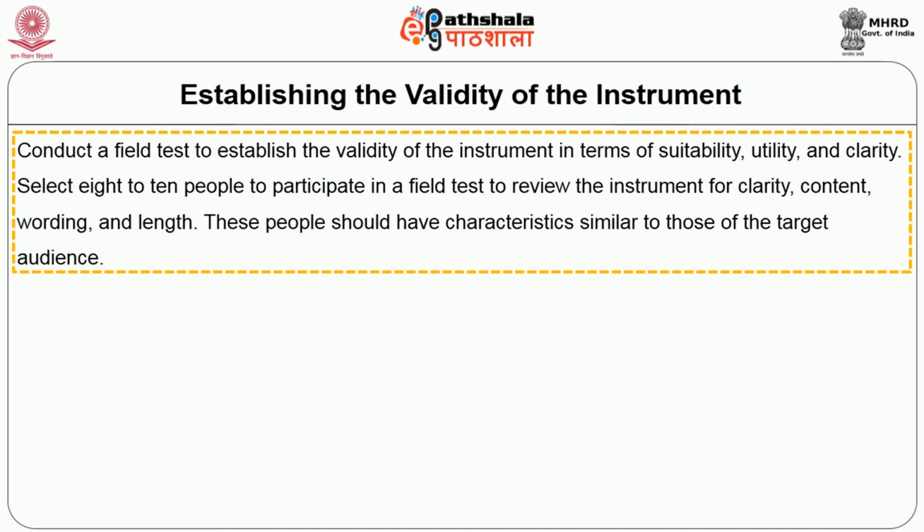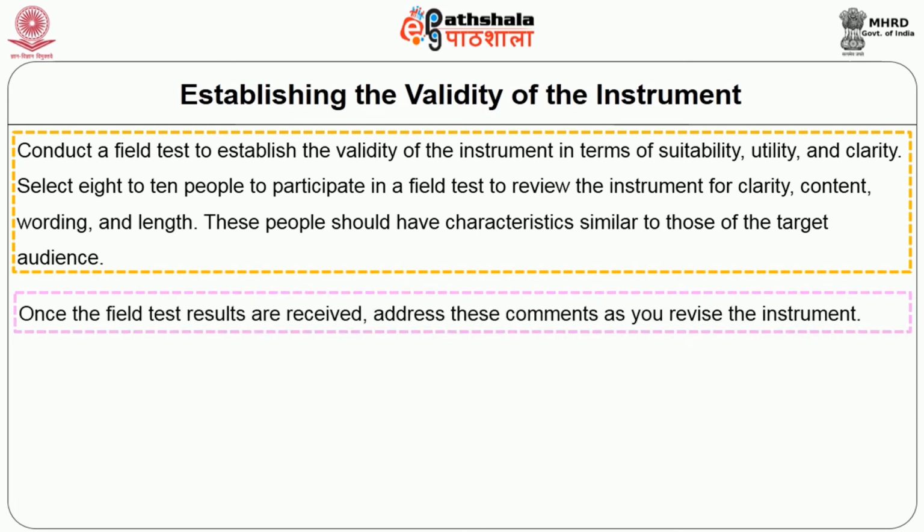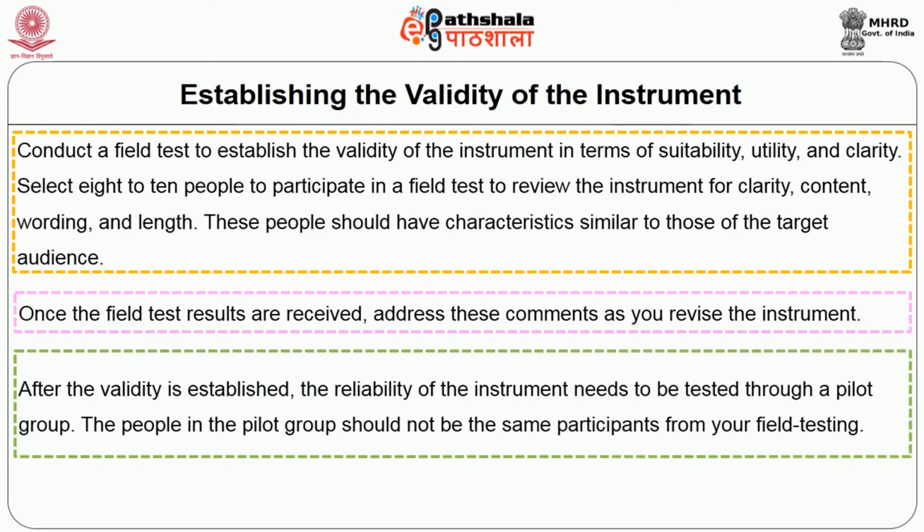For example, if you plan to have farmers as your target population, then field test the questionnaire with a different group of farmers in an adjacent watershed. Once the field test results are received, address these comments as you revise the instrument. After the validity is established, the reliability of the instrument needs to be tested through a pilot group. The people in the pilot group should not be the same participants from your field testing.